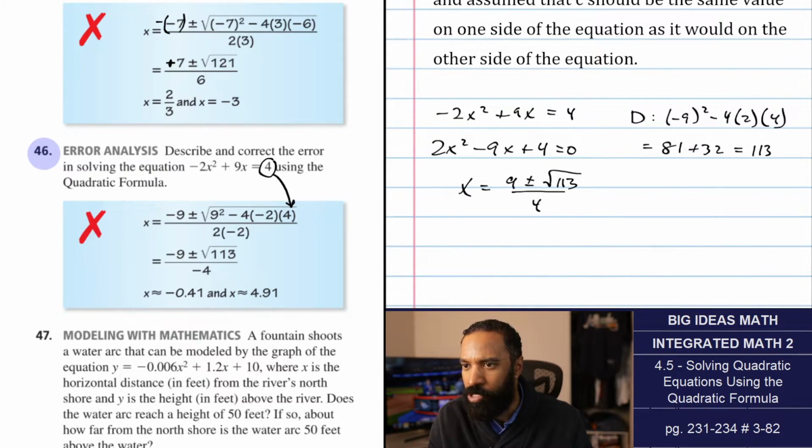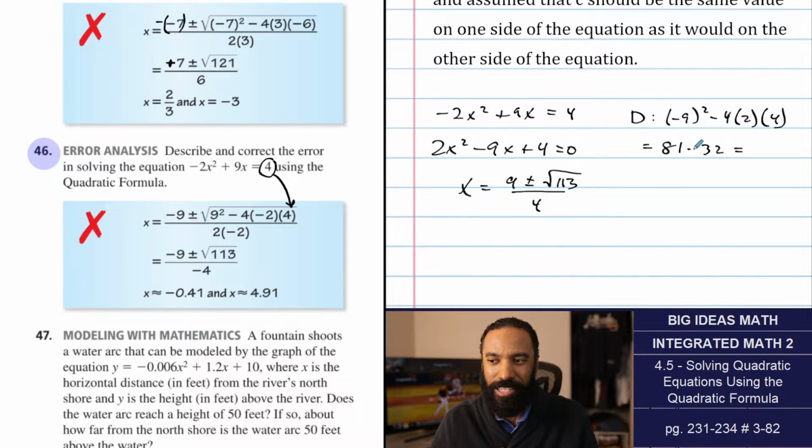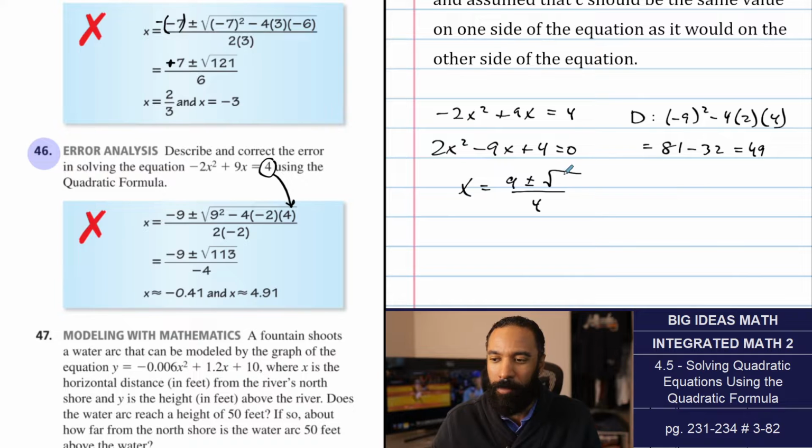This is an 81 minus 32. It's not plus 32, it's minus 32. I think I was thinking I should have been getting the same answer as them, which is totally wrong. So that's 49. Okay, hey, this is gonna fix things a lot more. It must have meant this was factorable. I didn't pay attention to it. Actually, it totally is. We had a problem like this before.